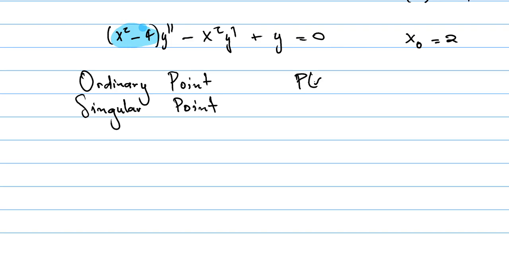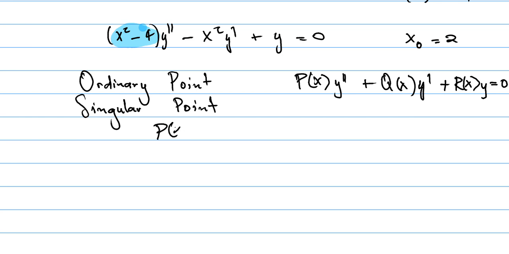So p of x y double prime plus your q of x y prime plus your r of x y is equal to 0. Then we have p of x here, which is x squared minus 4.